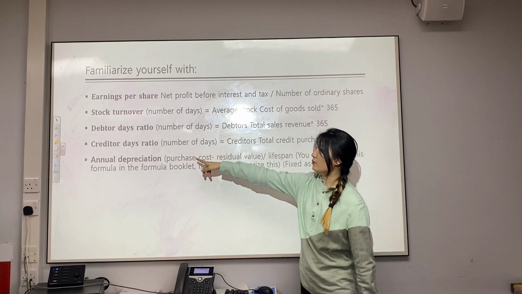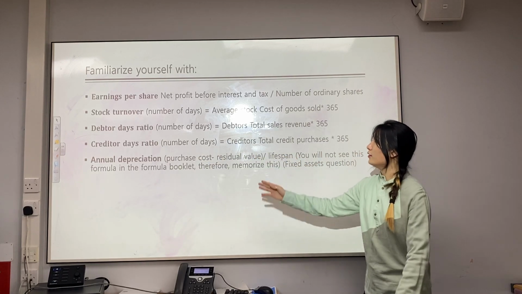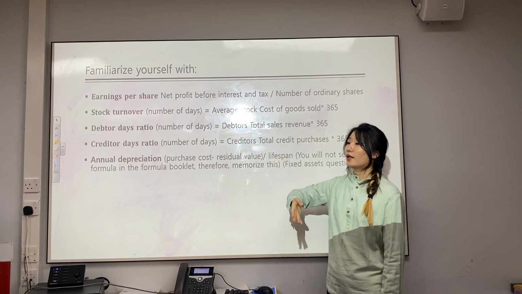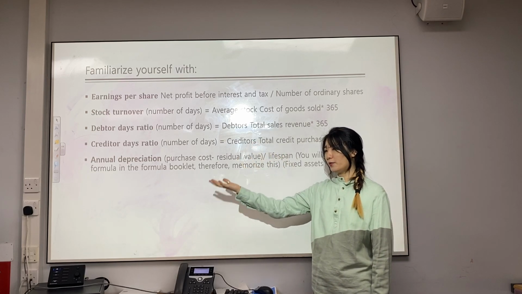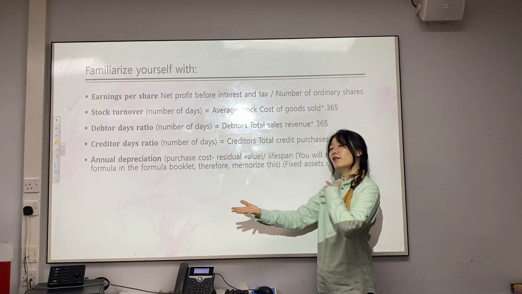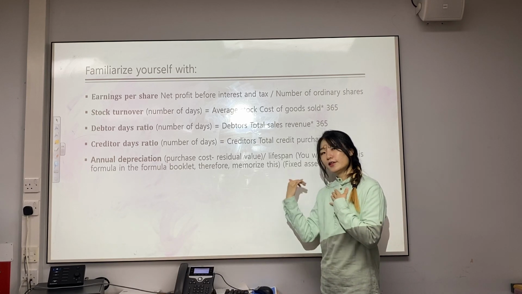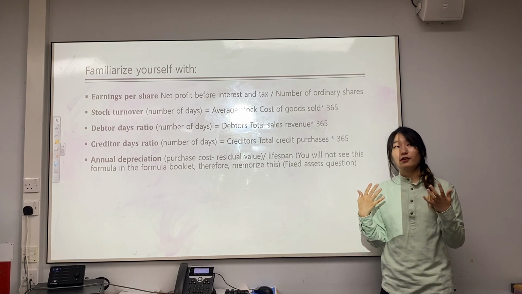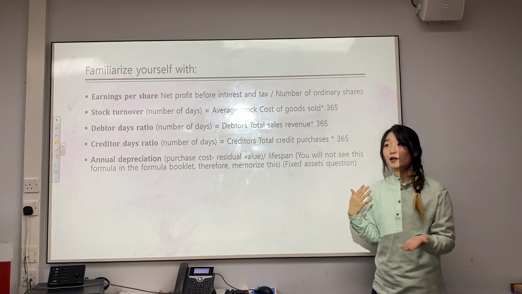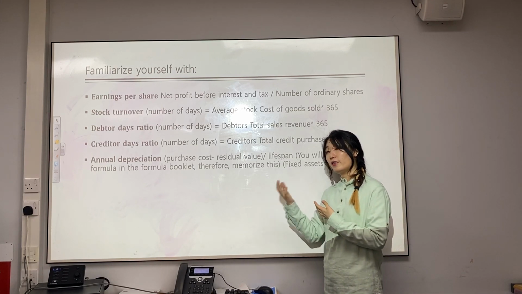Debtor days ratios would mean the number of days that takes for the people who've bought my products to pay me, for my customers to pay me. In the case of PST, the supermarket can take up to months to pay them back.